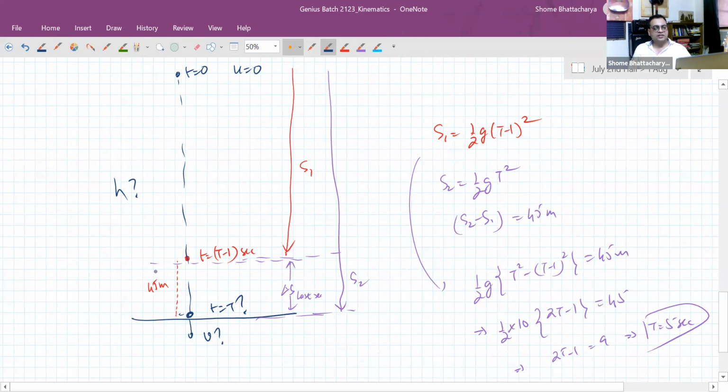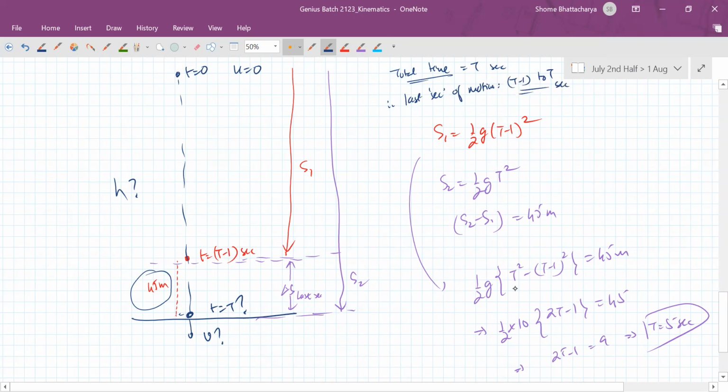So from the information given that in the last second it's traveling 45 meters, here I'm assuming total time is equal to capital T seconds. Therefore the last second of motion is the time interval from T minus 1 to T seconds. During this time its displacement is 45 meters.